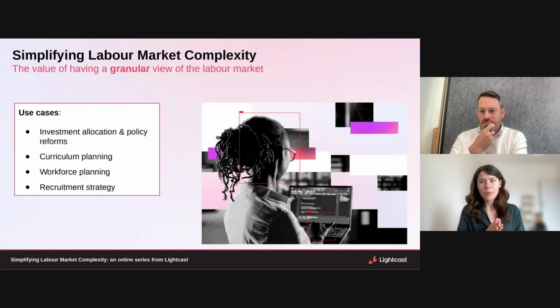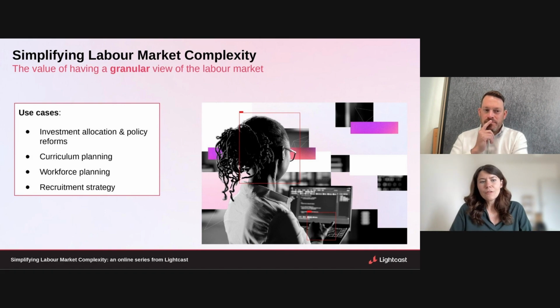So, for example, if you've identified that the advanced manufacturing sector overall needs investment, then the next step is understanding what bits of advanced manufacturing actually need investment. So when you're taking the investment allocation decision, when you're trying to do policy reforms, it's good to have the sector, but then you need to know the details within the sector to actually make the policies most effective.